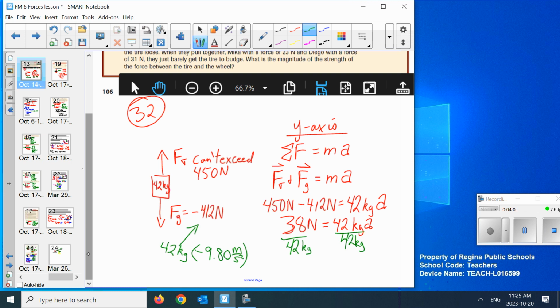Oh, okay, so that's where, okay, got it. Does this make sense now? And then it comes out to decimal 9. That's in the positive direction in that y-axis.